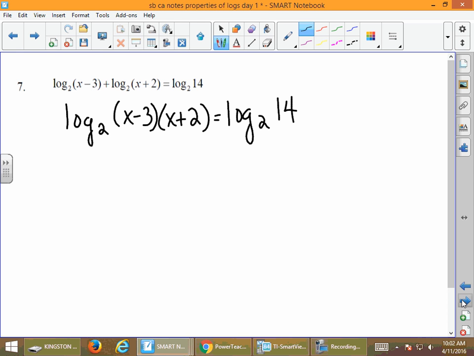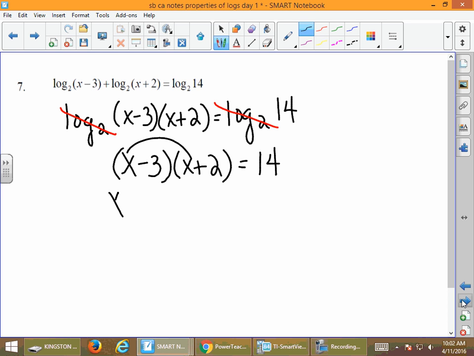Well, we have one log base 2 on the left, one log base 2 on the right. We can ignore those. We're left with x minus 3 times x plus 2 equals 14. So now we're going to have to multiply these two parentheses.